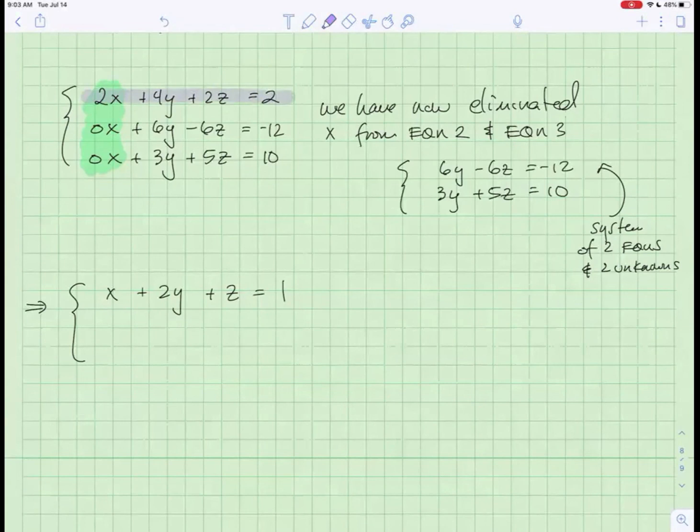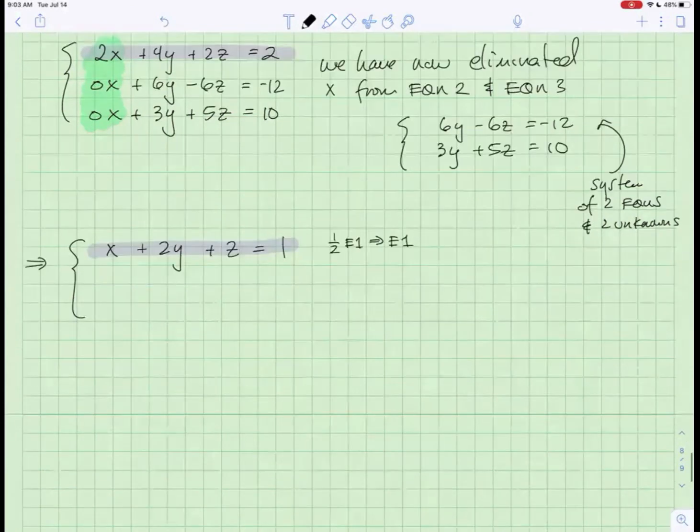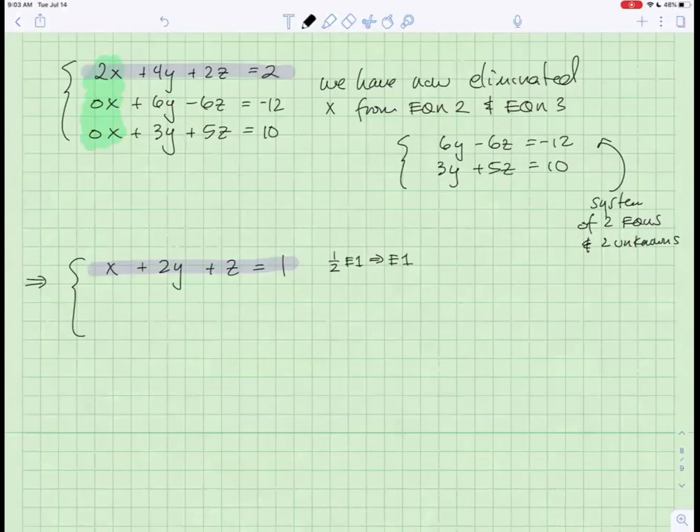I took row 1 and I factored out a 2, or what I did was I took 1/2 of equation 1 and I made it my new equation 1. And I'm going to leave off those 0x's. I'm going to write this as y minus z is equal to negative 2, and 3y plus 5z is equal to 10.